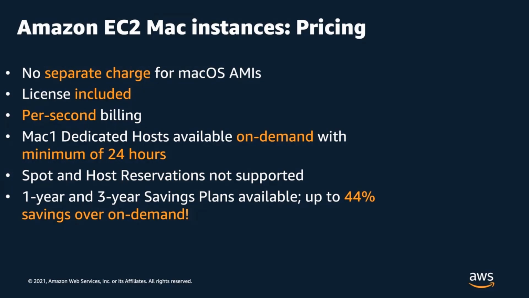The instances that you launch on that dedicated host incur no additional charge. It's all being metered and billed for the underlying dedicated host. Similarly, because we have to comply with macOS and Apple licensing for the minimum 24-hour duration, Spot and host reservations are not supported on EC2 Mac instances.